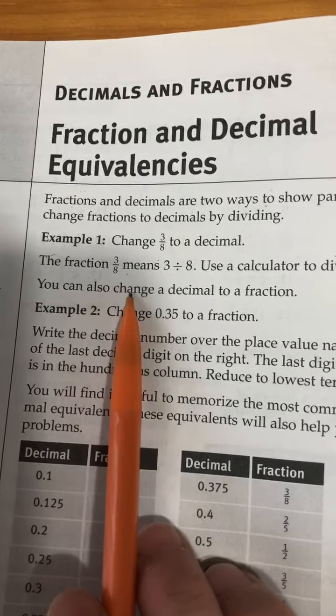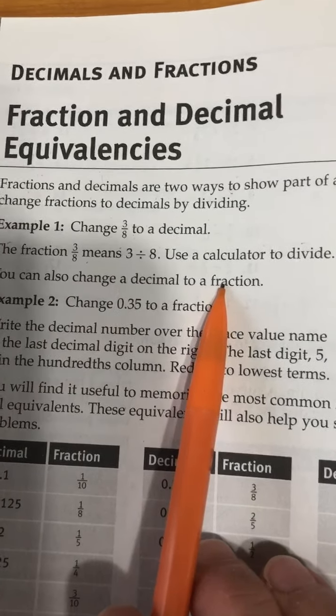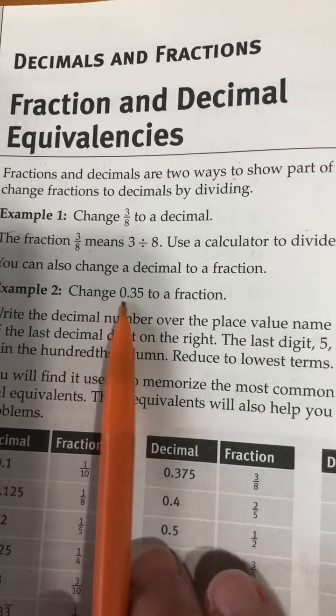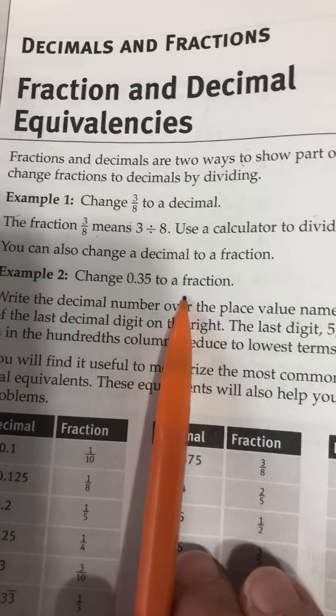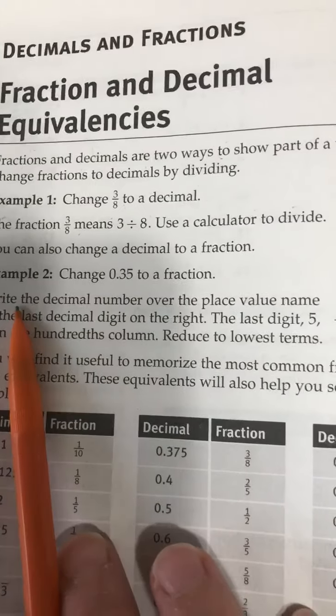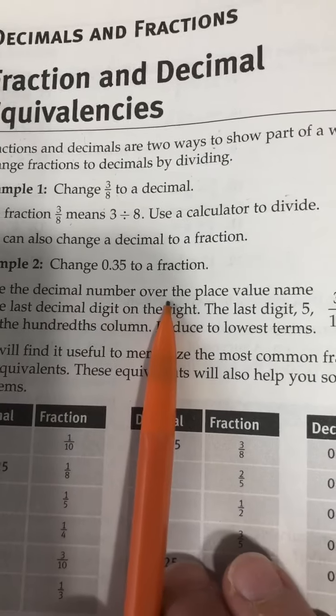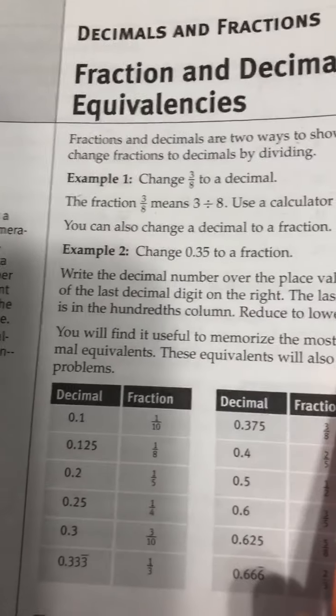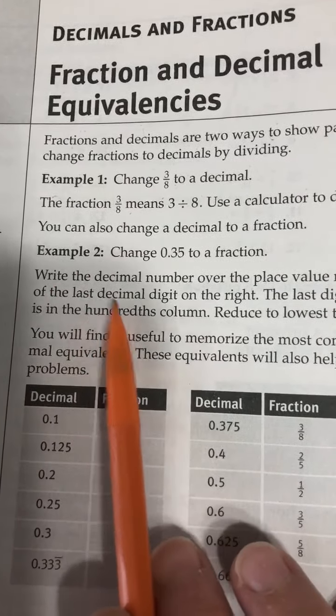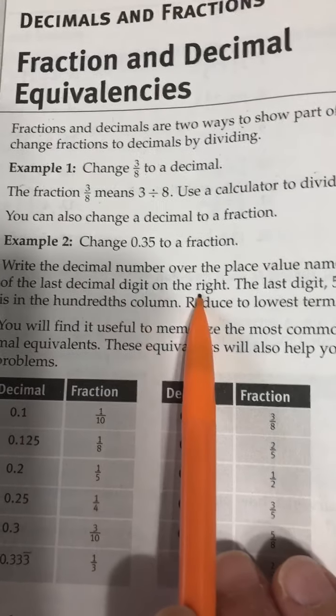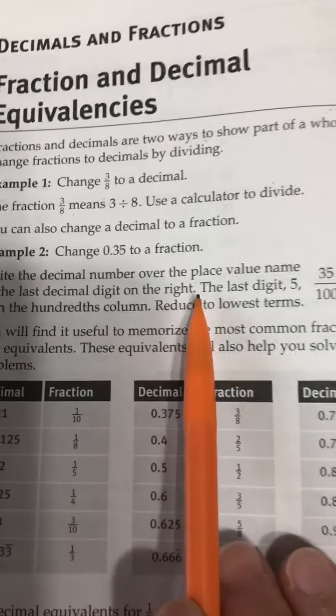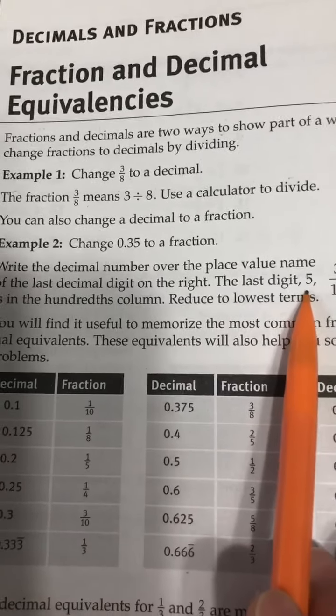You can also change a decimal to a fraction. So if you were asked to change 0.35 to a fraction, it says write the decimal number over the place value name of the last decimal digit on the right. So the last digit, 5.